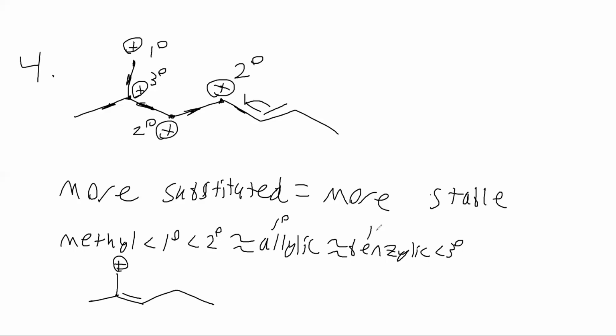So probably should have said primary allylic and primary benzylic and not just allylic, because that's a bit misleading. Because if we compare this secondary cation to this secondary cation that's allylic, you know that there is resonance because it's next to the double bond, and resonance makes things more stable.